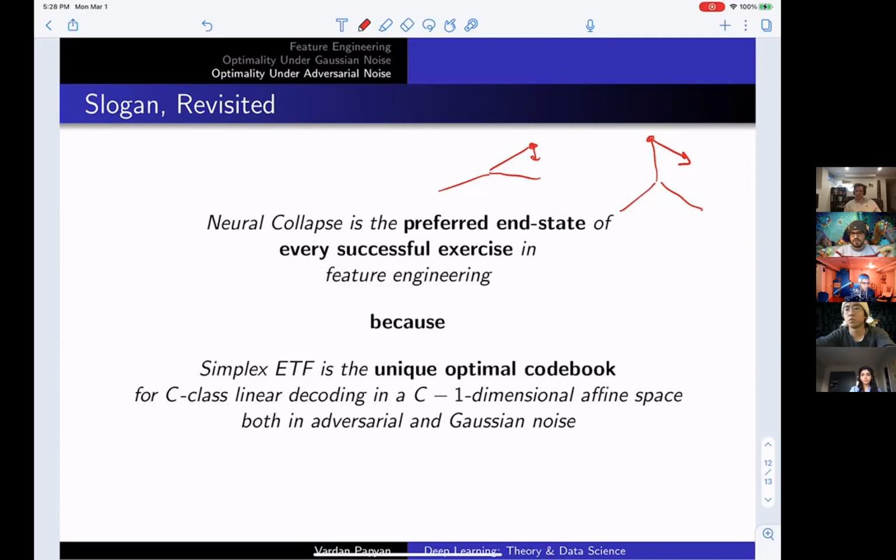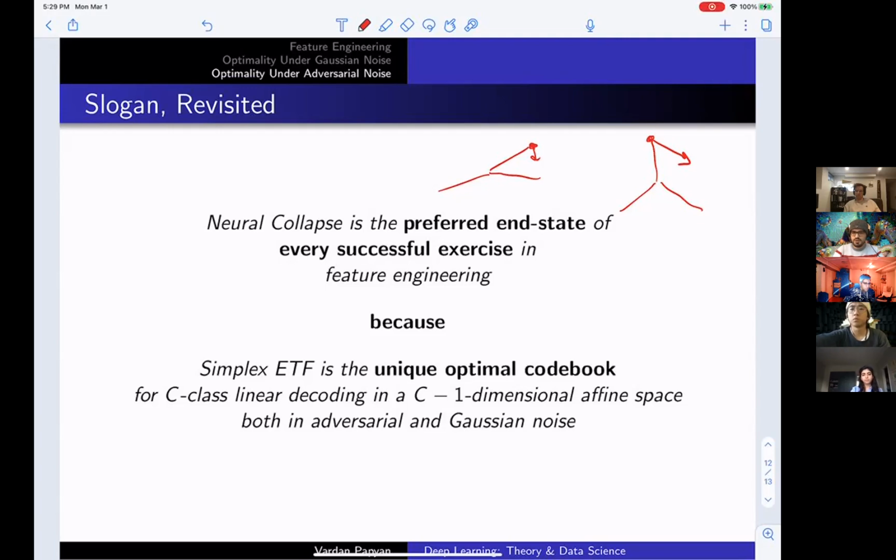The engineered features are, so the code words correspond to the class means of the engineered features. Essentially, the idea is that you would like to show that neural collapse is the solution under certain settings, right?